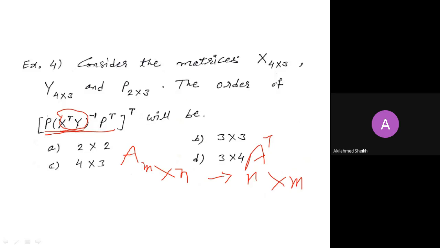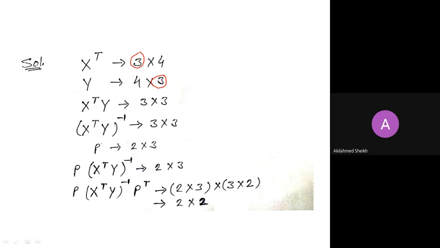Next, we have to find P into this term. The order of P is 2 by 3. So again, we have to find the order of these two matrices, P into the complete inverse of X transpose Y. The rows of P are 2 and the columns of this matrix are 3. So the order is 2 by 3.